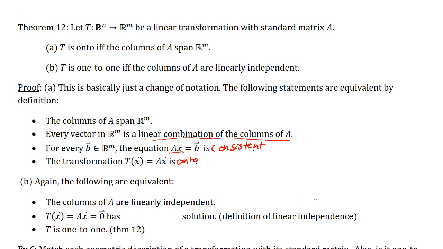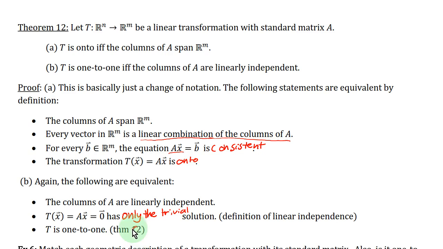And with the second part, it's slightly less straightforward, but let's see. You could say the columns of A are linearly independent. What does that mean? Well, the definition of linear independence is that the equation Ax = 0 has only the trivial solution. And theorem 12 says that if T(x) = 0 has only the trivial solution, that means it is a one-to-one transformation.